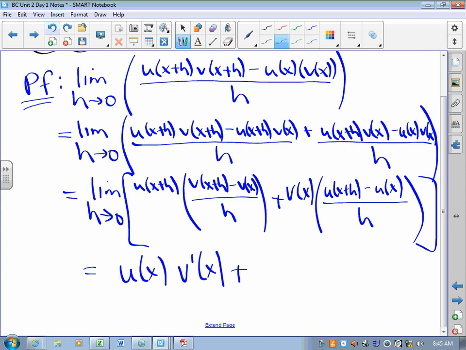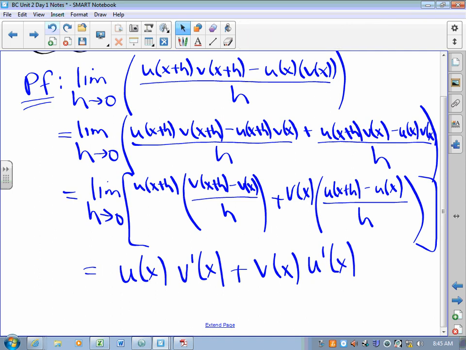Plus, this is unaffected by h getting closer and closer to 0. And this, as h gets closer and closer to 0, is the derivative of u. And you get the product rule. The product rule is so much fun. It's 1 prime 2 plus 2 prime 1.